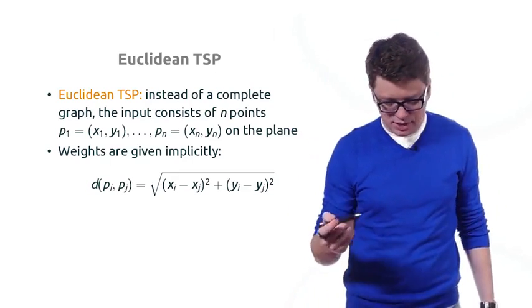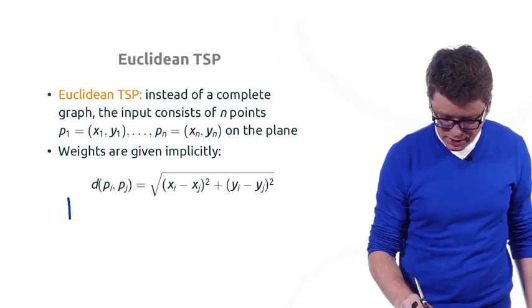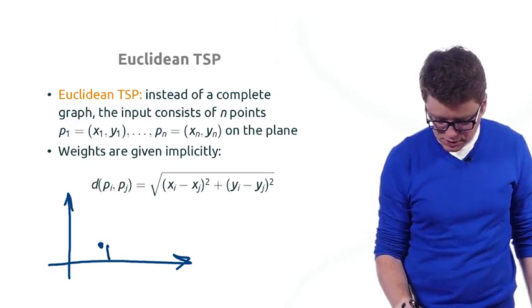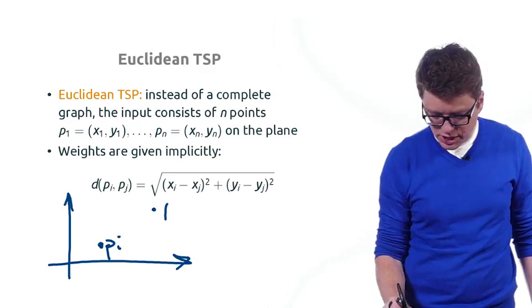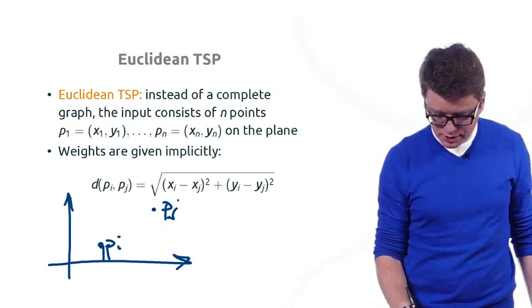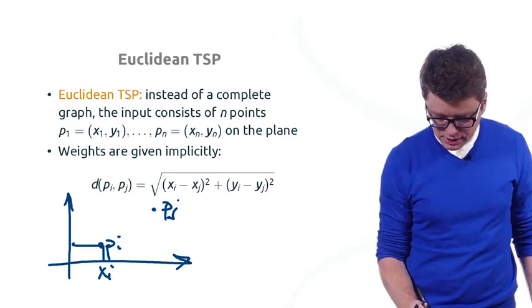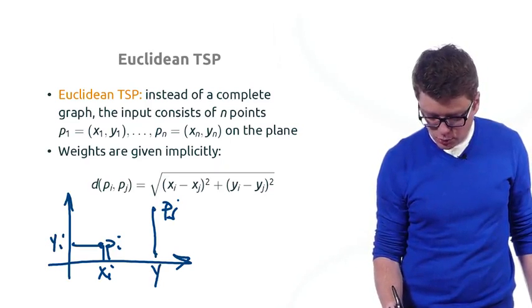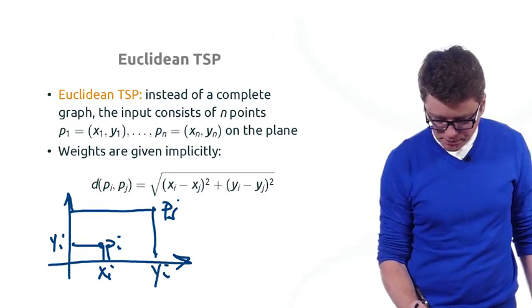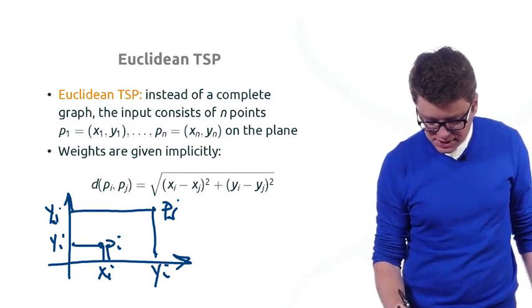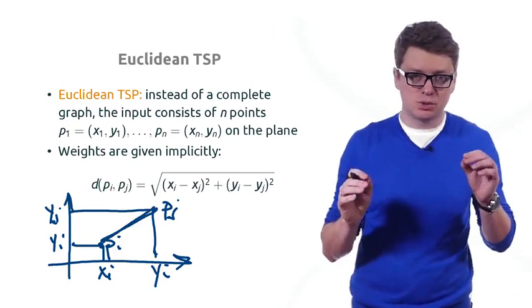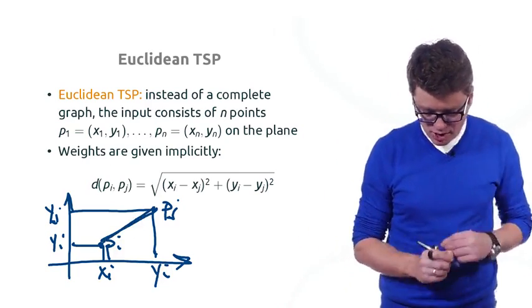If we have 2 points Pi and Pj, just points on the plane, the coordinates of Pi are xi, yi, the coordinates of Pj are xj, yj. Then the distance between Pi and Pj, which in this case is the same as weight or length, we know how to compute.